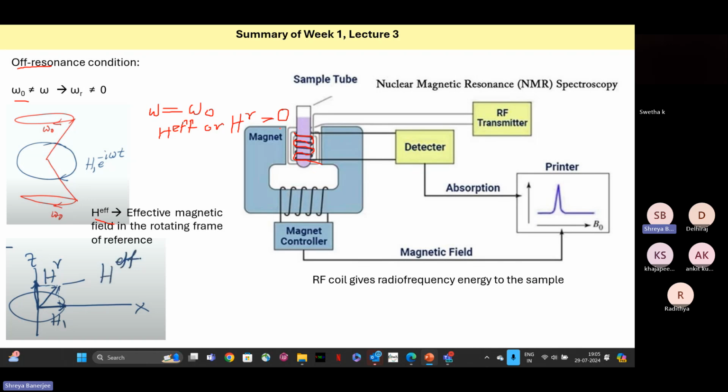And once you supply the radio frequency energy, we discussed that the Z magnetization becomes XY magnetization. And XY magnetization is detected by the detector that is present in the XY field. So once the detector detects it, it converts it to an absorption spectra, which is what we see as the different peaks in the NMR spectra.